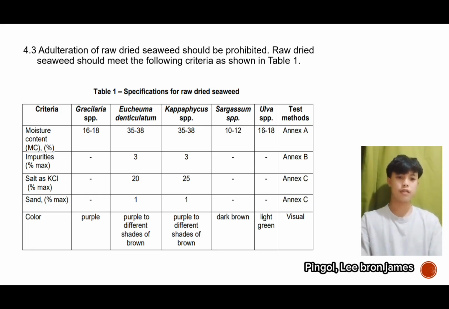So the second one is Eucheuma denticulatum and Kappaphycus, which should have 35 to 38 moisture and can range from purple to brown. So the third one is Sargassum, usually dark brown, and Ulva is light green. So these standards make sure the dried seaweed is clean, properly dried, and not mixed with other materials.